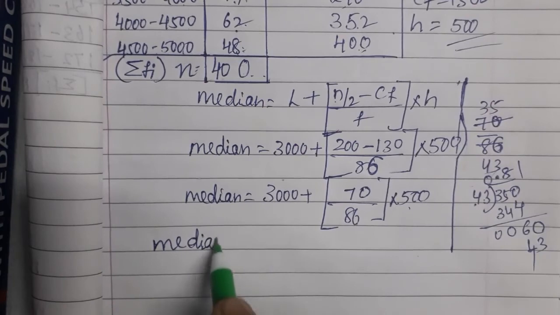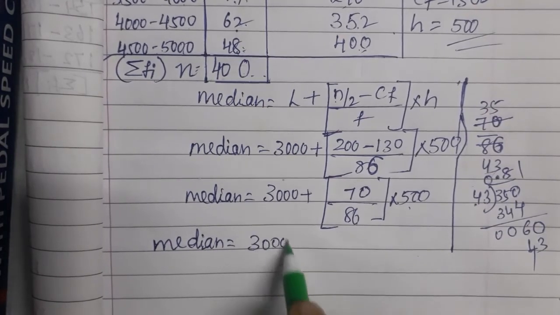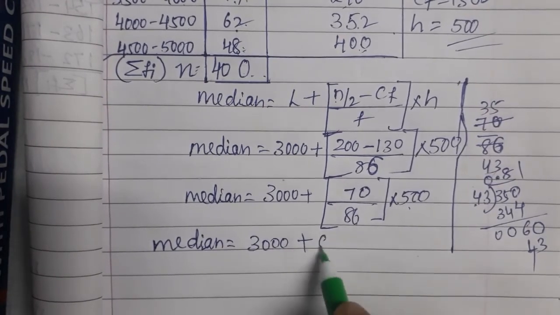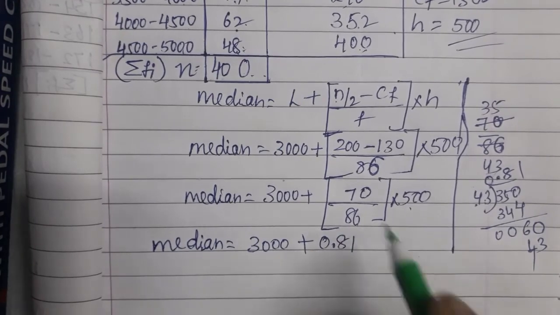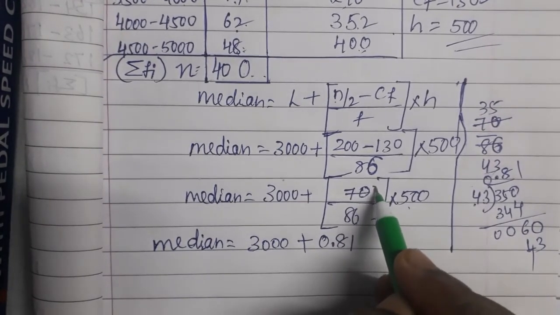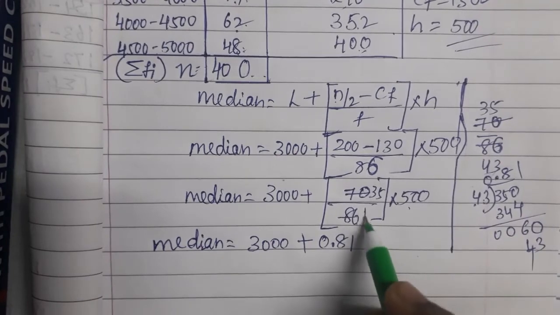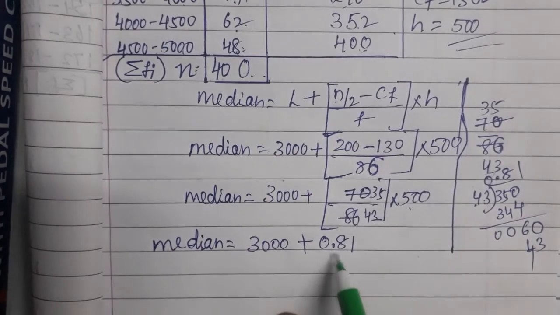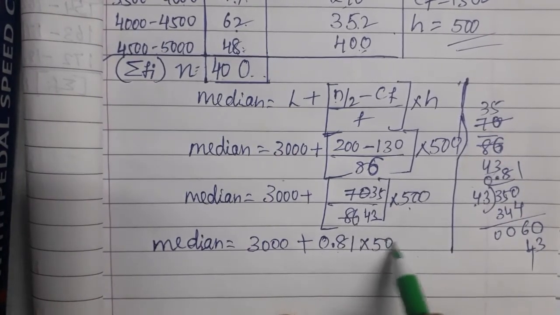division. So median is equal to 3000 plus 0.81. This will become 35. This is 43. When you divide 35 by 43, you will get 0.81 into 500.